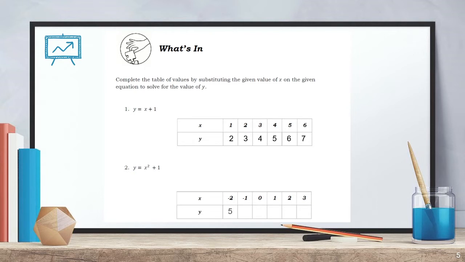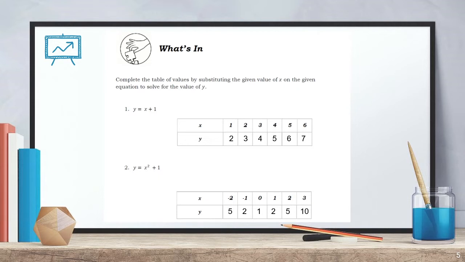Again, we plug in negative 1 to x squared. So this becomes y equals negative 1 squared plus 1. Negative 1 squared is positive 1. Plus 1, the answer is 2. And so on and so forth.